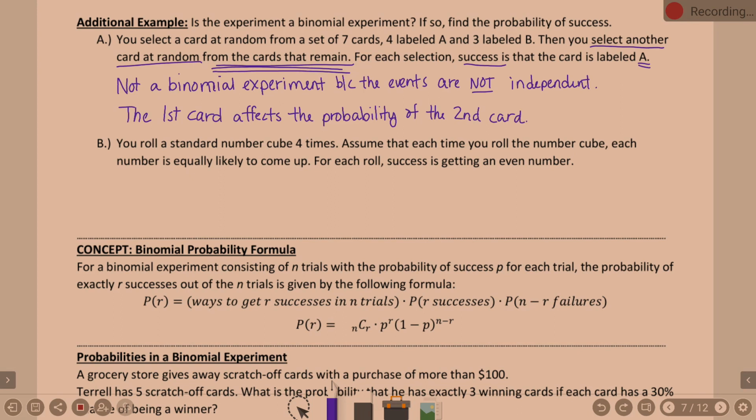Okay, that is example A. Okay, example B.